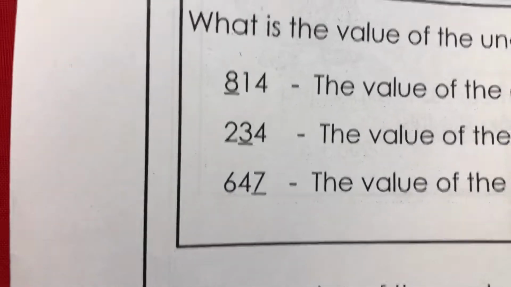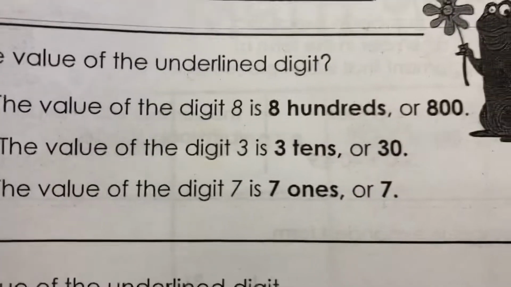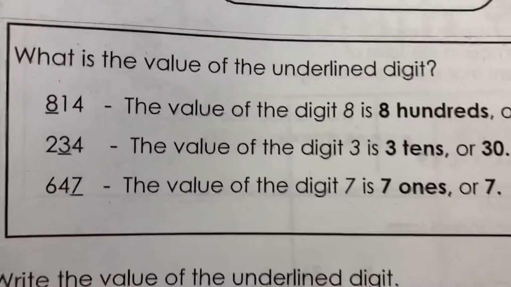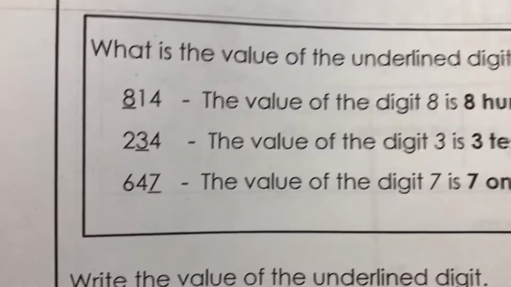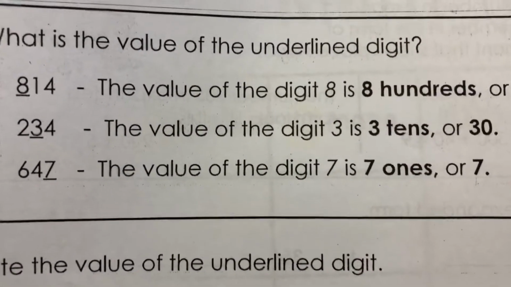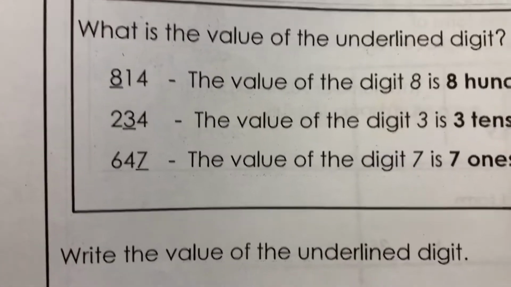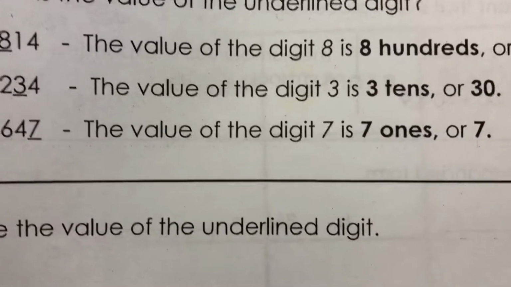So notice the 814. The value of the digit is 800. The value of the digit of the 3 in the tens place is 3 tens or 30. And the value of the digit in this is 7, and that's 7 ones or 7.